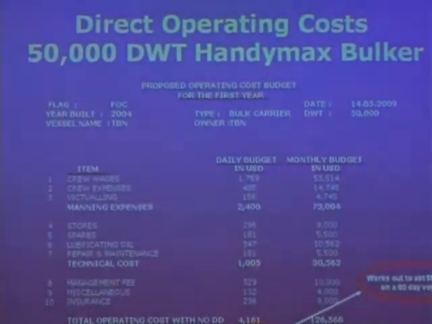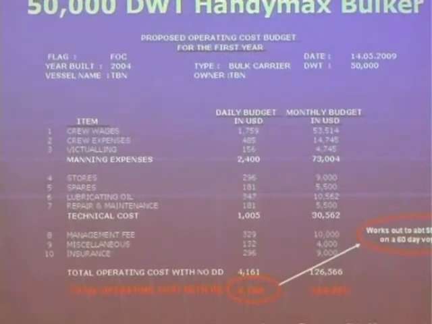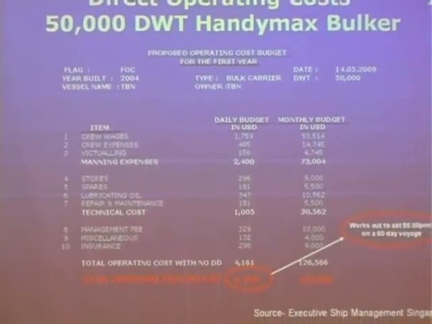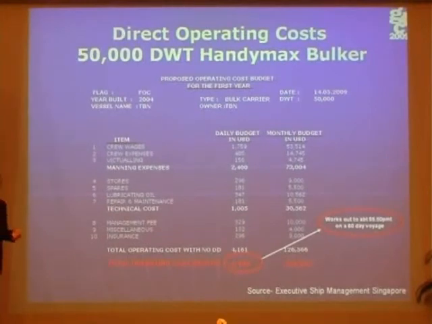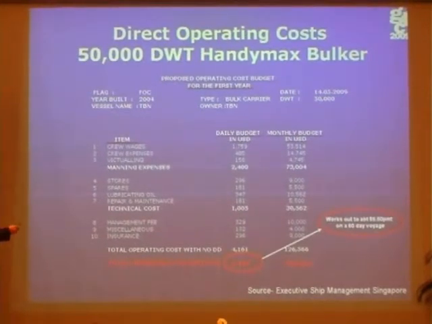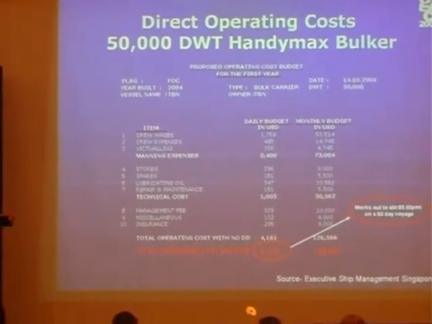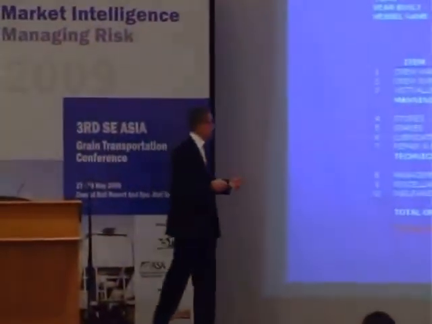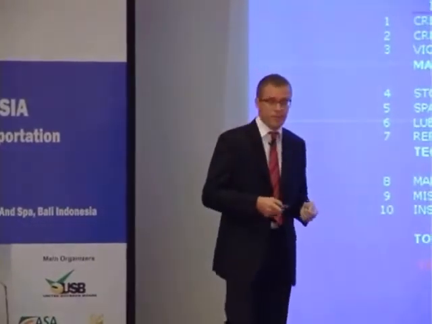Essentially, the direct operating costs can be divided into three groups. The most significant is the manning cost, crew wages, crew-related costs. Then you have the technical cost, basically whatever it takes to maintain and repair the vessel and dry dock it. And then you have various fees such as manager fee, insurance, etc.